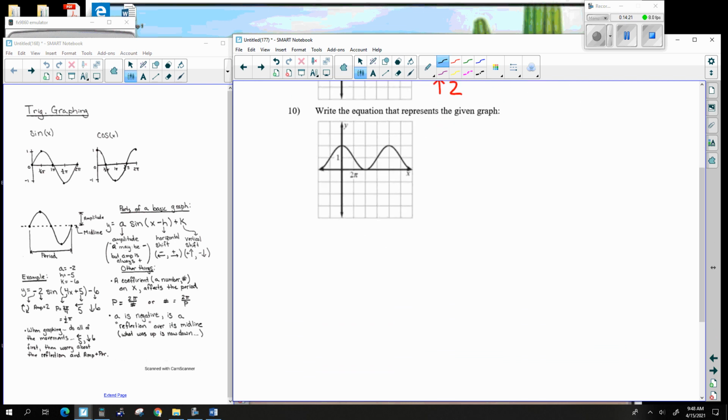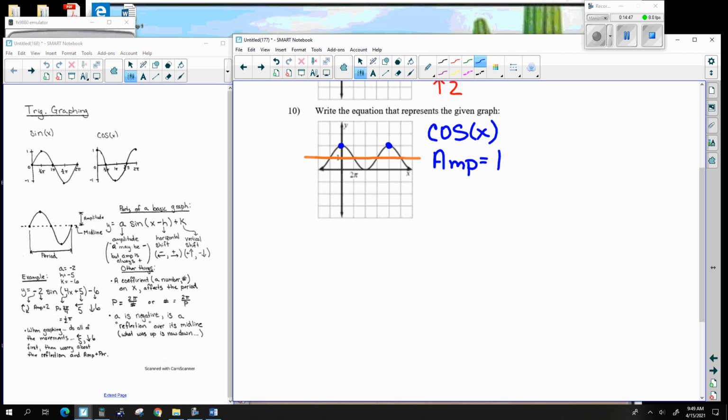What is the equation? All right, so here's the midline. Ooh, notice it starts up and ends up. Clever. All right, so this is going to be a cosine. Right, this is a cosine. From the midline to the top, it has a height of 1, so this has an amplitude of 1.